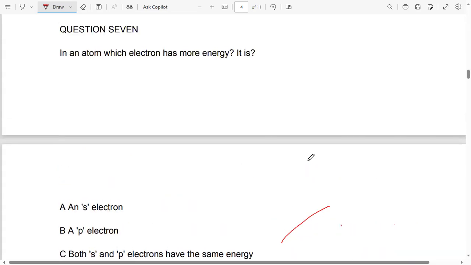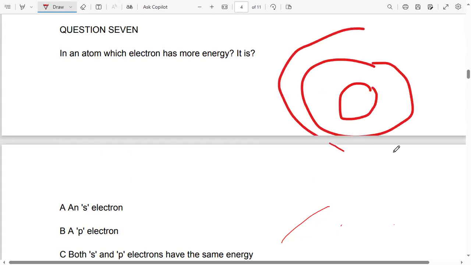An electron in a higher shell will always have a higher energy. If this is my first shell, and then I have another shell, and another shell like that, the electron that is here will have more energy than the electron that is there.